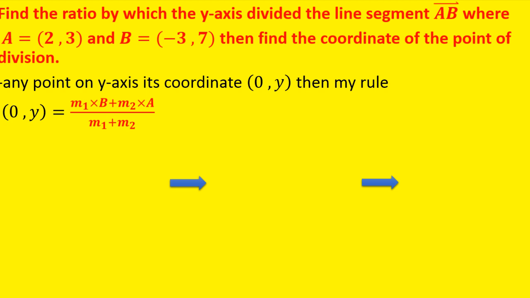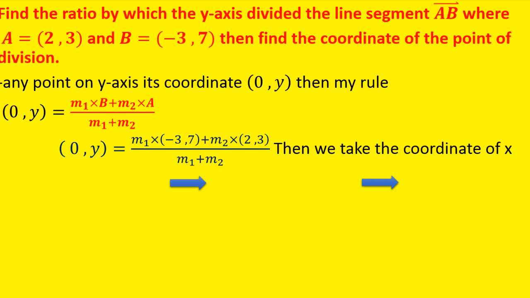What is the rule? 0, y, this point C, equals m1, first ratio, multiplied by B, second point, plus m2, second ratio, times A, first point, over m1 plus m2. So 0, y equals m1 times B, what is B?